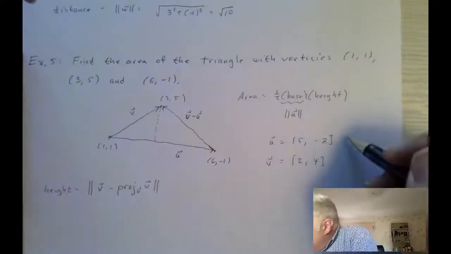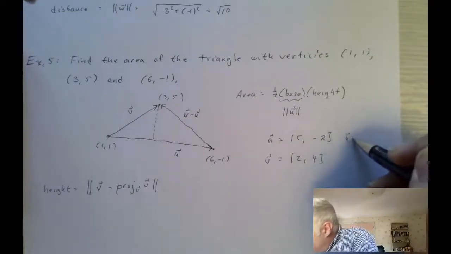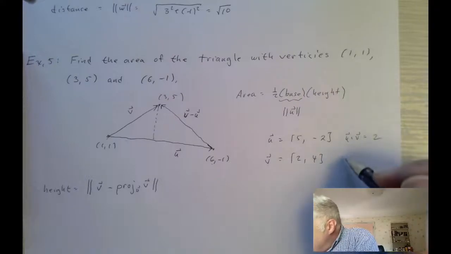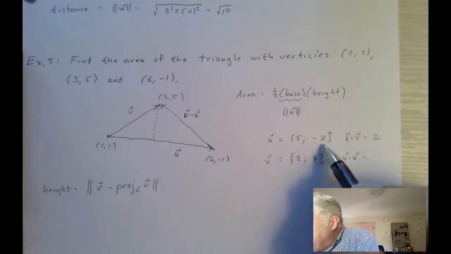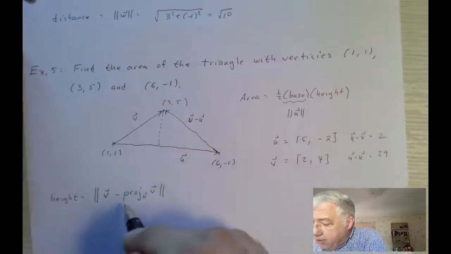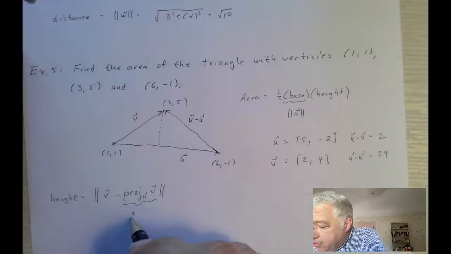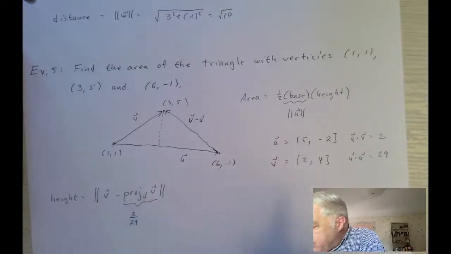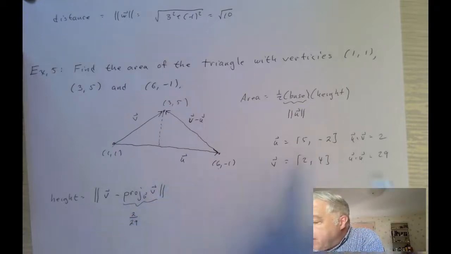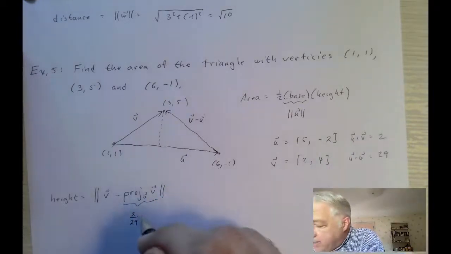And then we can see that u dot v will be 10 minus 8, which is 2. And u dot u will be 5 squared plus negative 2 squared, that's 29. So this projection is going to be 2 over 29 times u, which we said is 5, negative 2.